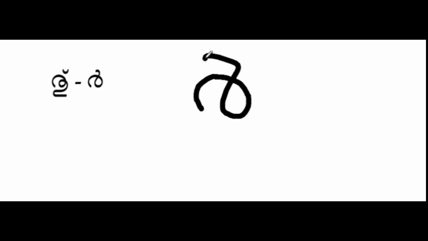Next another possibility is ra. Instead of this, we can write r. It is very simple, just like this. This is r. And next, many combination letters also have these possibilities. Those are nka, nya plus ka, u.